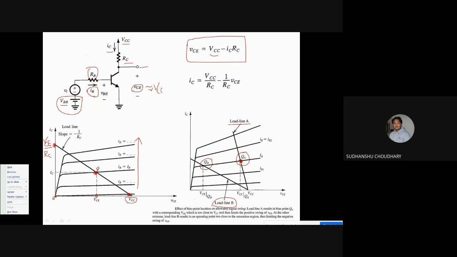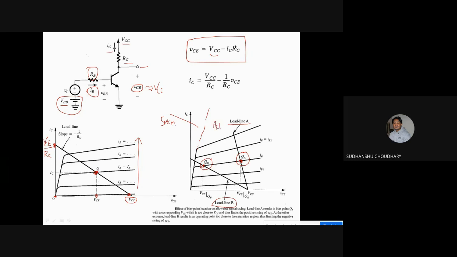Nothing different. Similarly, I cannot bias this transistor at this point QB, okay? Because this point is very close to this saturation region. So in a BJT, I want to bias this transistor in this active region.